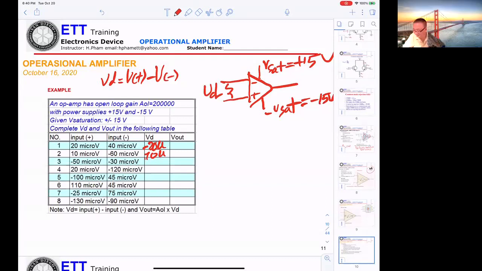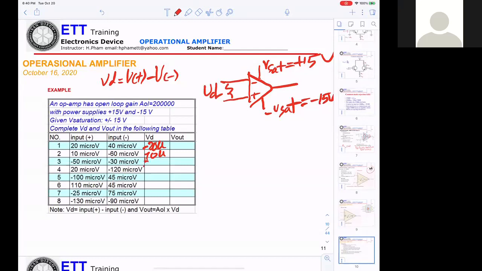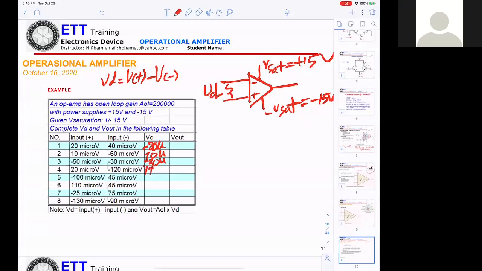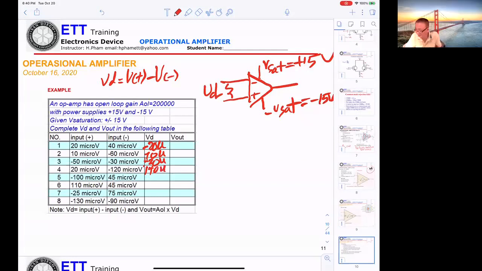Number 3, minus 20. Number 4, 140? Is it right?